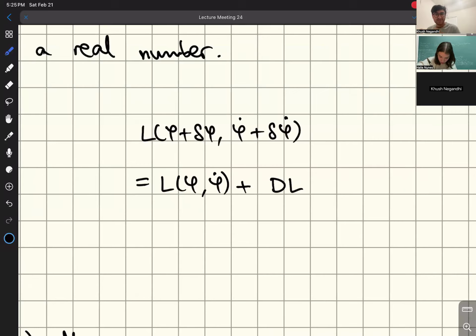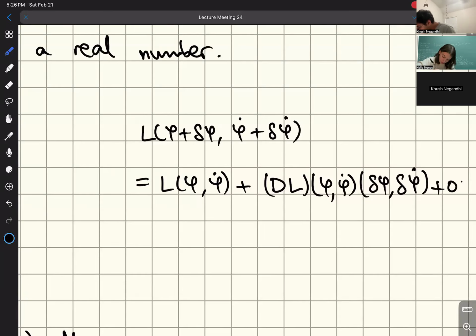It turns out in this case we only really care about the Frechet derivative, which is technically stronger than the Gateaux derivative, but that's fine. Then it's going to be at the variation, so delta phi dot, plus higher order terms.